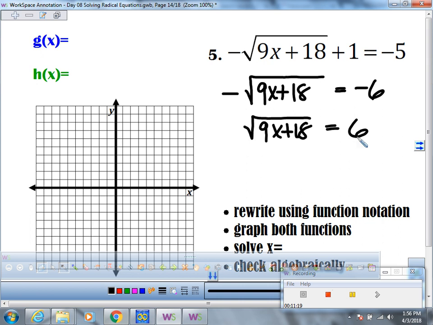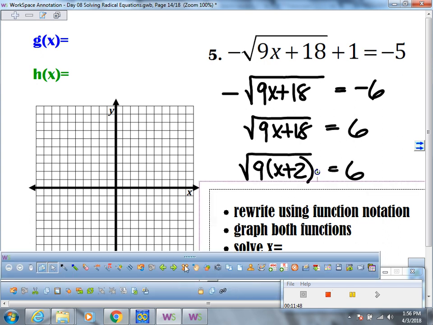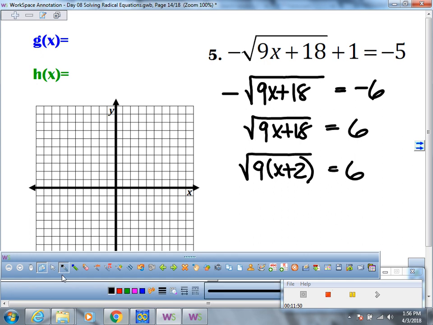Divide by 3, but you're skipping steps. How'd you get 3? These two have a common factor of 9. Some of you can do this in your head, which is x plus 2, right? The square root of 9 is 3, right?